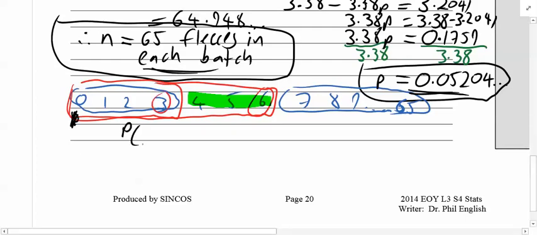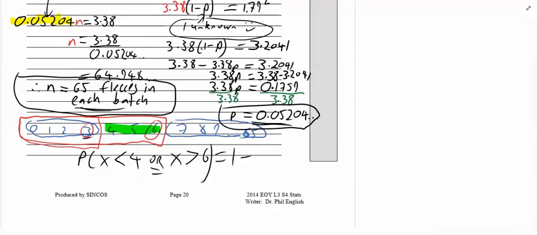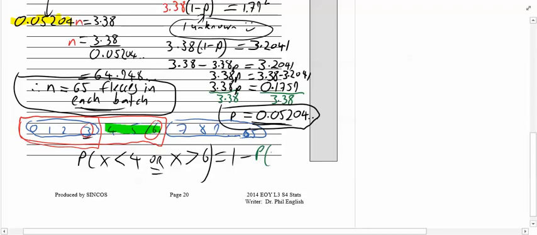So probability that x is less than 4, or x is more than 6 equals 1 minus the green bit. And the green bit is the probability that x is 4 through to 6 inclusive.